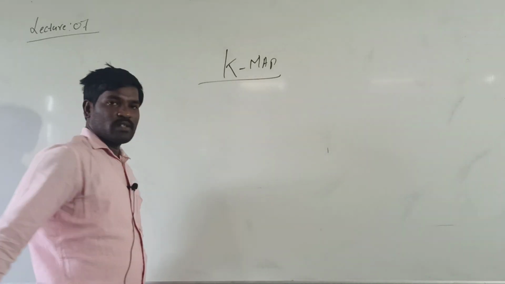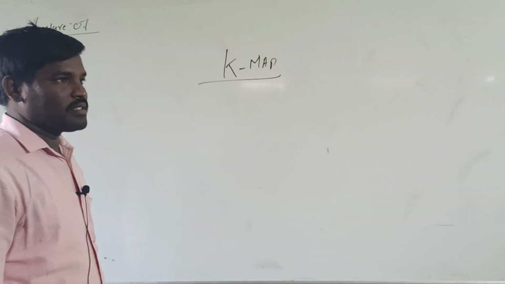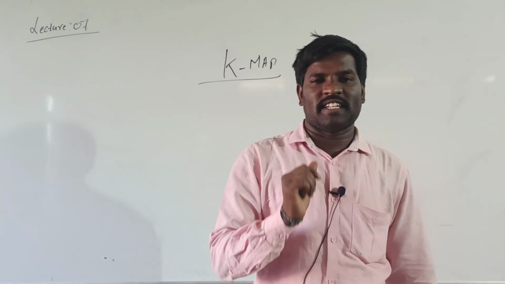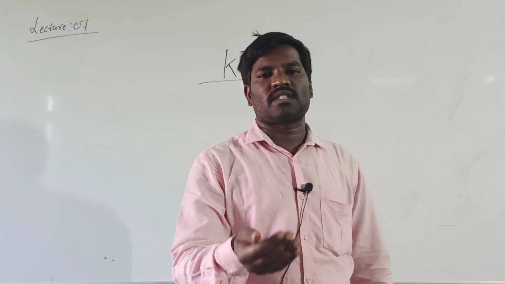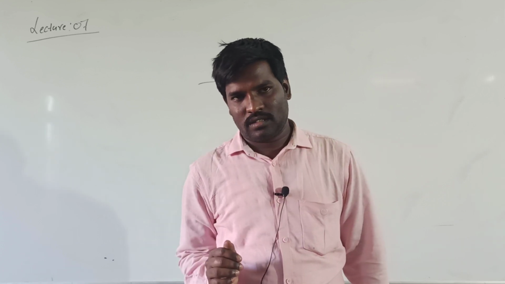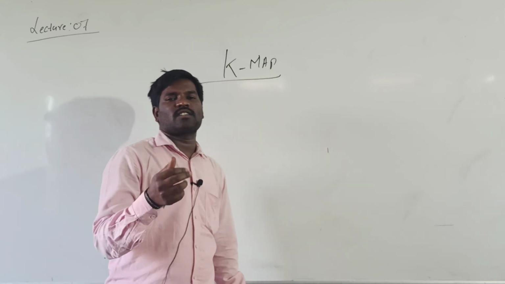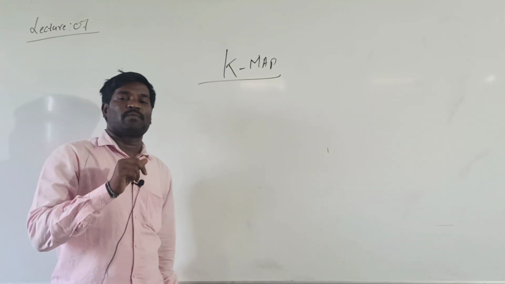First one is the one variable K-map. Single variable means you can use either x or x bar, directly x or the complement of that variable.